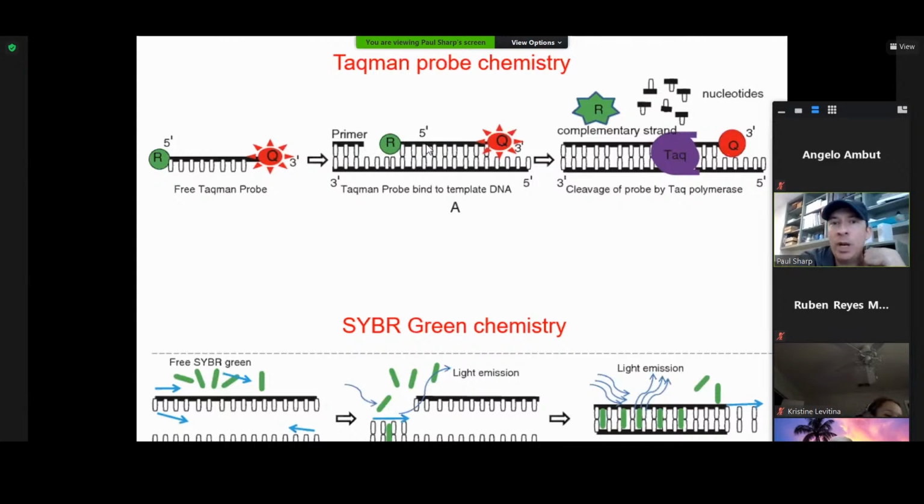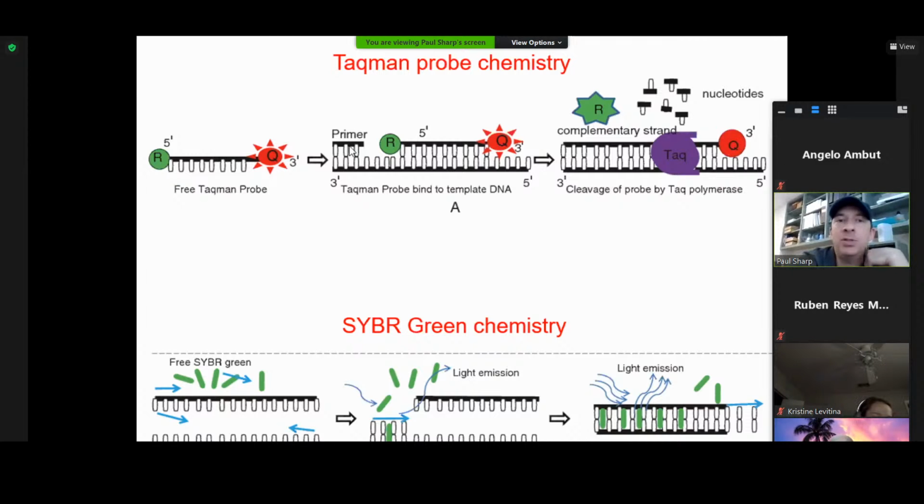So what happens when it encounters the probe? Well, it turns out that it has 5' to 3' exonuclease activity. That's what Taq polymerase has. So if there's anything that is already attached to that single-stranded DNA, like the probe, it just goes and eats it up. It destroys it and plows right through it.